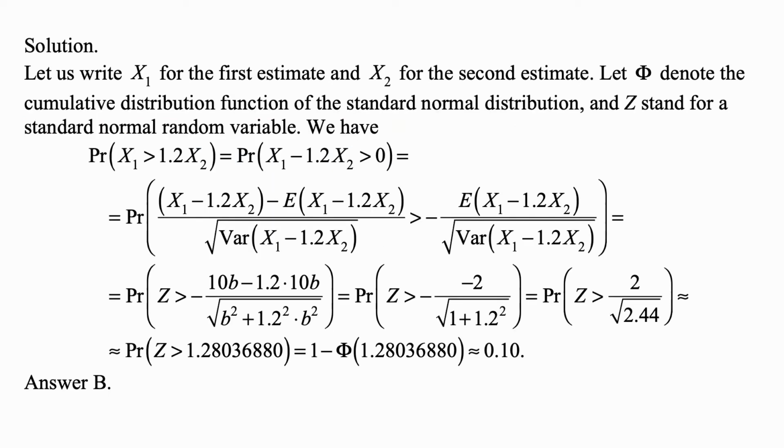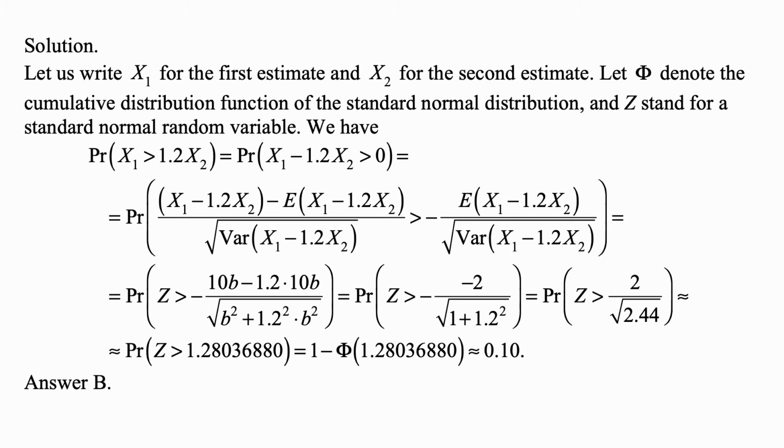So let's write x1 for the first estimate and x2 for the second estimate. Let's write phi for the cumulative distribution function of a standard normal distribution and z, that would be a standard normal random variable. Then we're looking for a probability that x1 is greater than 1.2 x2.